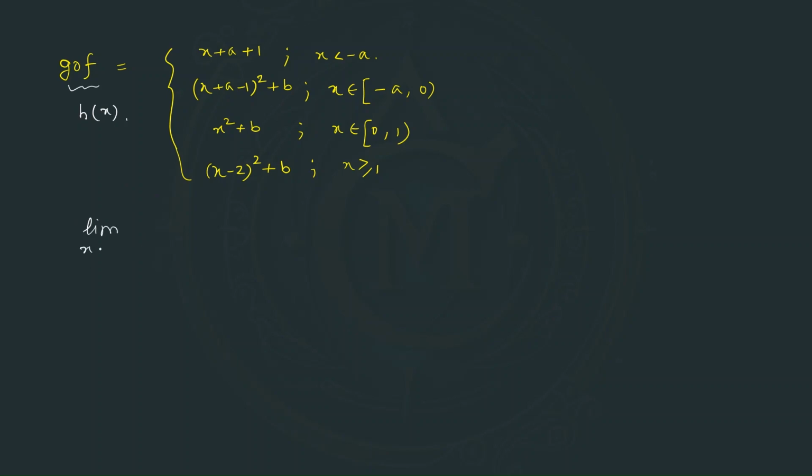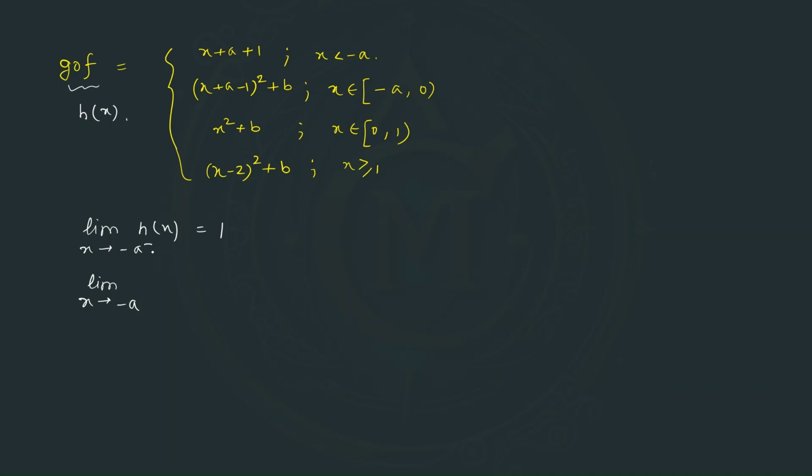limit x tending to minus a of h of x will be simply 1, and this limit is 1 when we approach minus a from the left side of minus a.